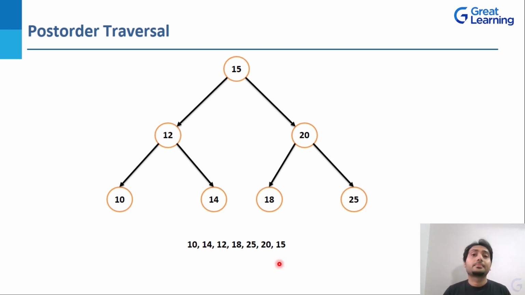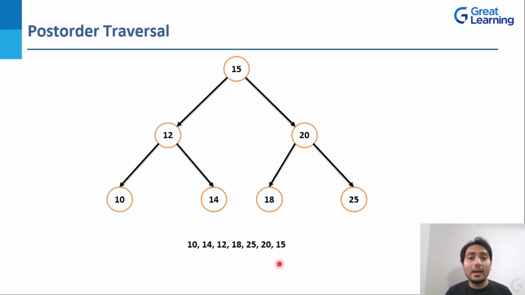So again, there are situations when you want to consider the root nodes at the end. Your program or your application might demand that you consider the leaf nodes first and then the root nodes. In such scenarios, you can apply the post order traversal method to the application or the program which you're trying to build or write.